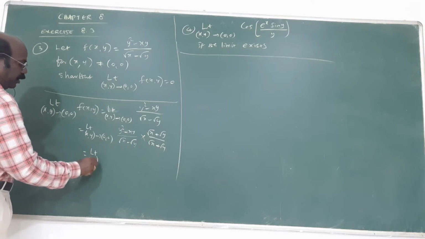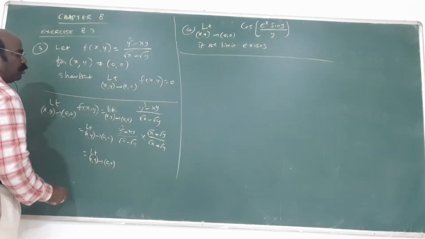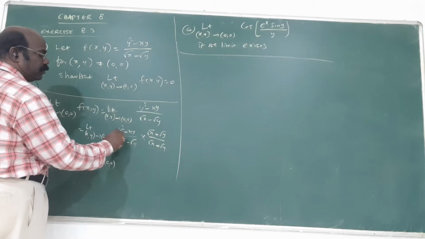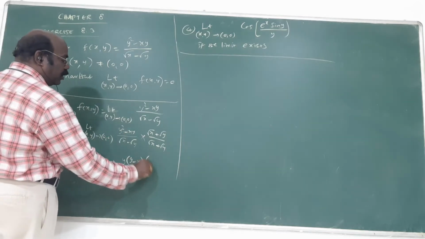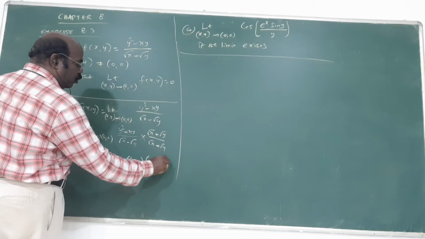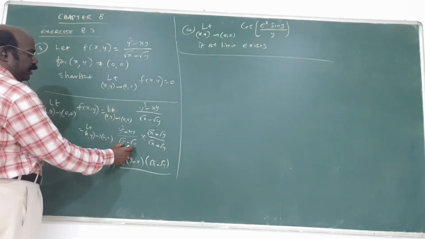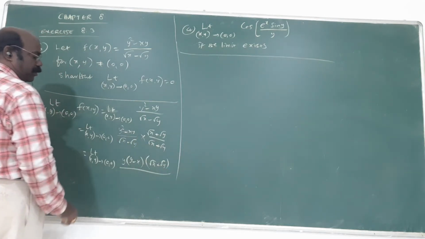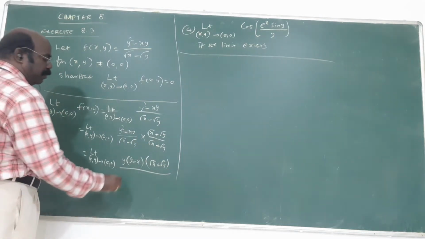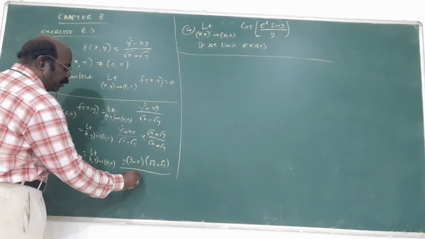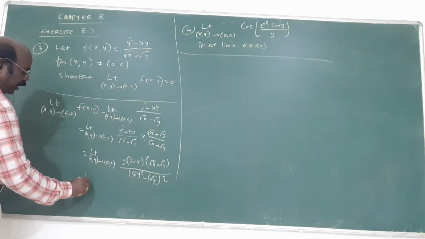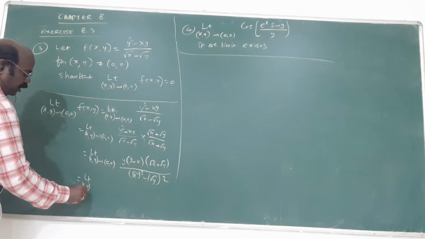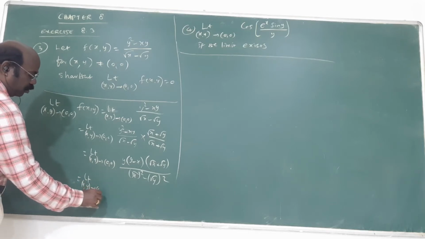Now the limit x comma y tends to 0 comma 0. Here y is common. Here y minus x. Here root x plus root y, no change at all. Divided by a minus b, a plus b, that is a square minus b square. What is the answer? Root of x whole square, root of y whole square. Now once again, the limit as x comma y tends to 0 comma 0.